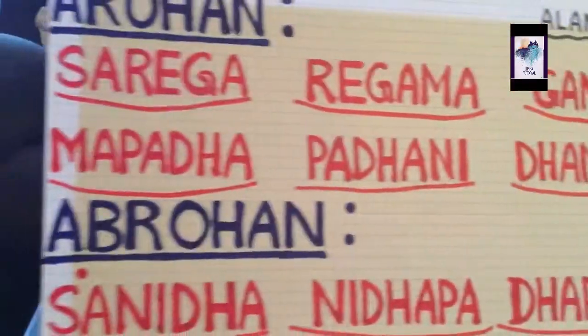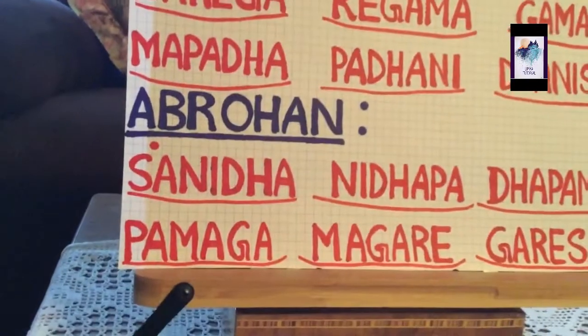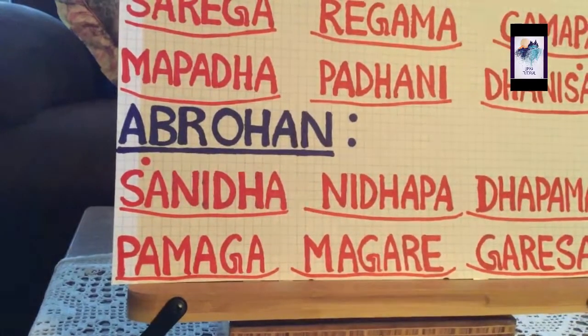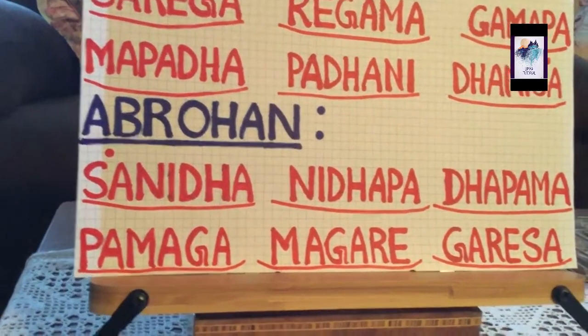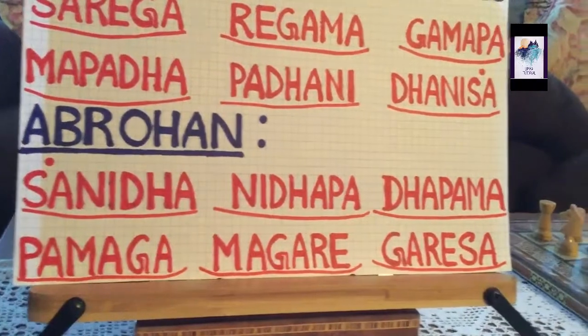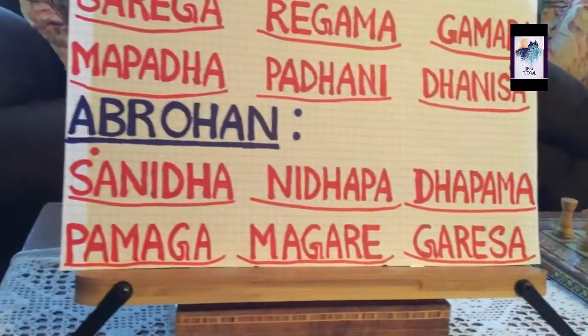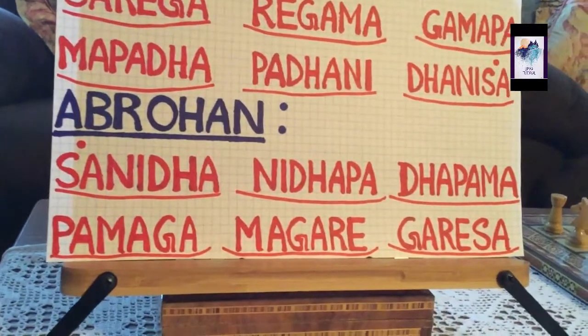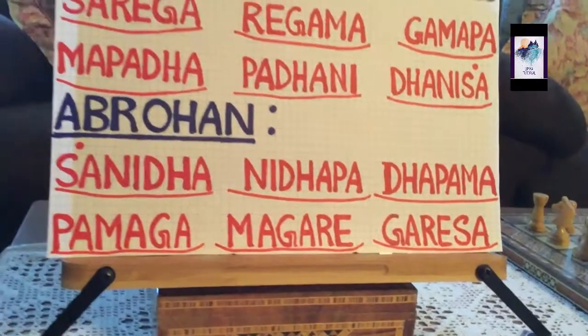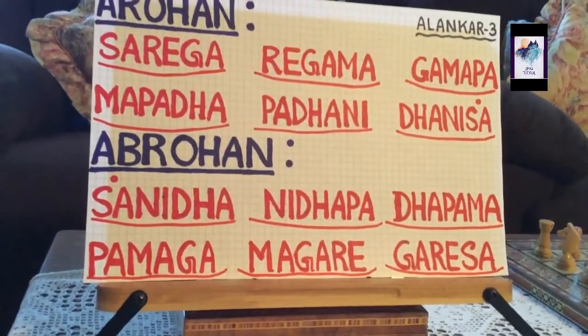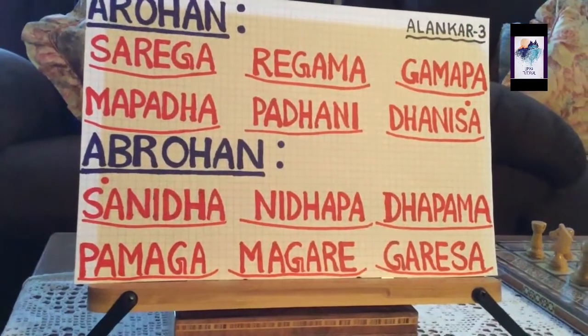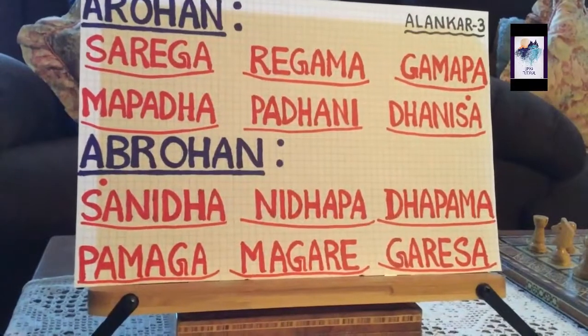Clear? Avarohan: sa ni dha, with a dot above the note of the Taar Saptak sa, ni dha pa, dha pa ma, pa ma ga, ma ga re, ga re sa. And there must be a gap between each beat.